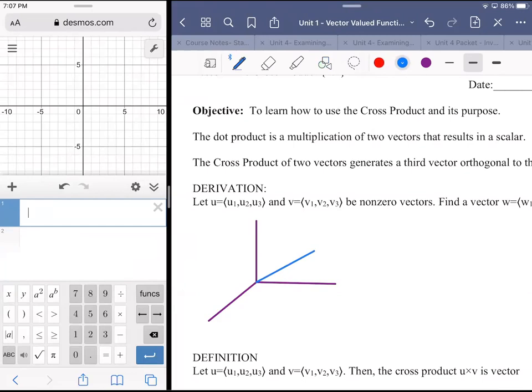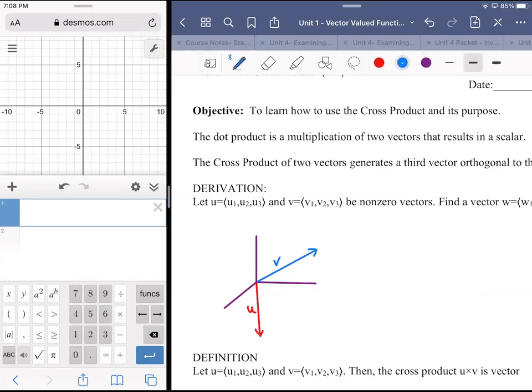Vector u, and vector v. Actually, I'll make this one u and this one v. All right. They could have any relationship with one another. They don't necessarily have to be orthogonal. They just have to be two non-zero vectors.